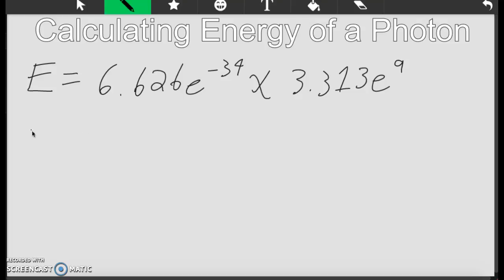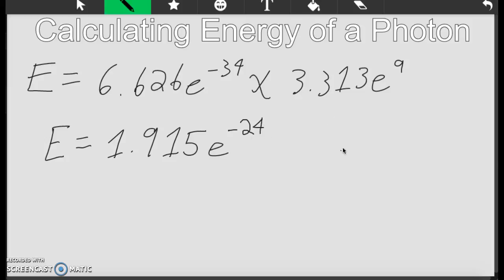If you plug that in the calculator, you should have ended up with energy equals 1.915 e to the negative 24. And then energy is in joules. That's what we should have gotten.